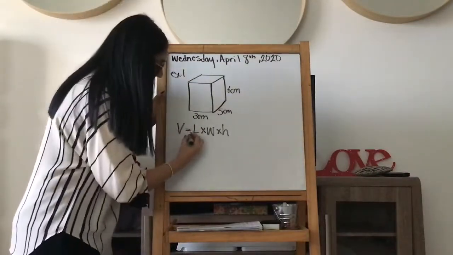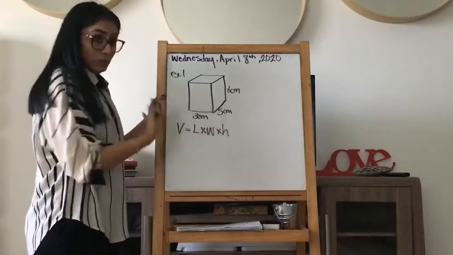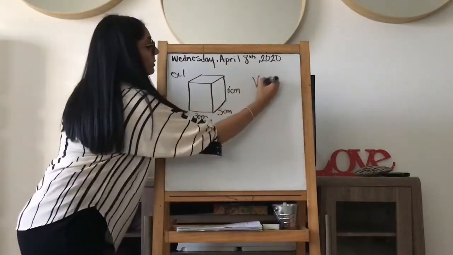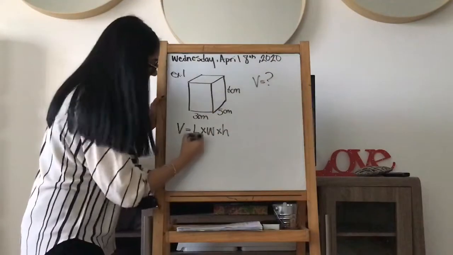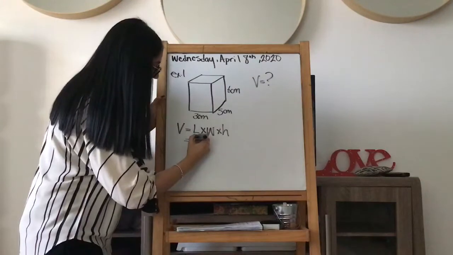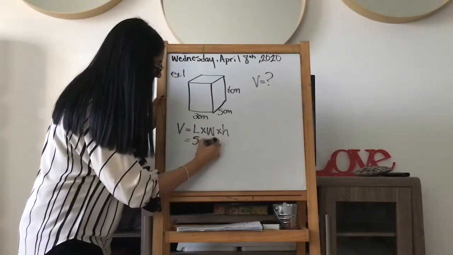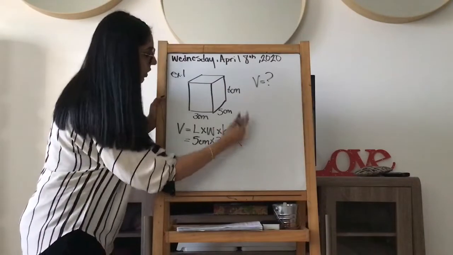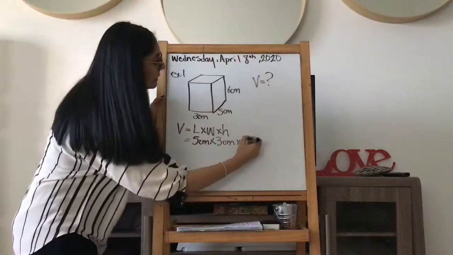So let's just fill it in. Do we know all of these? Yes, we do. So volume, we don't know. We're trying to find out what volume is. And that's what this question is. What is the volume? What is our length? We know that our length is 5 centimeter times 3 centimeter, which is our width, times what is our height, how high something is, 6 centimeters.